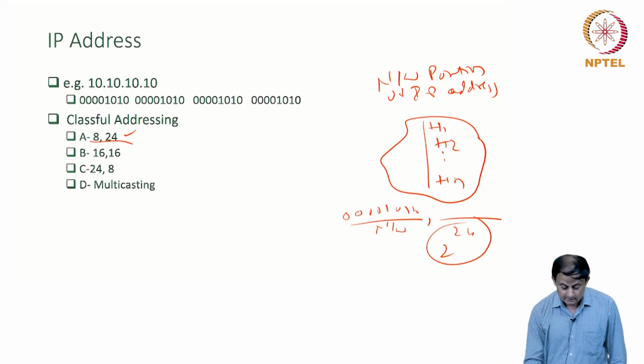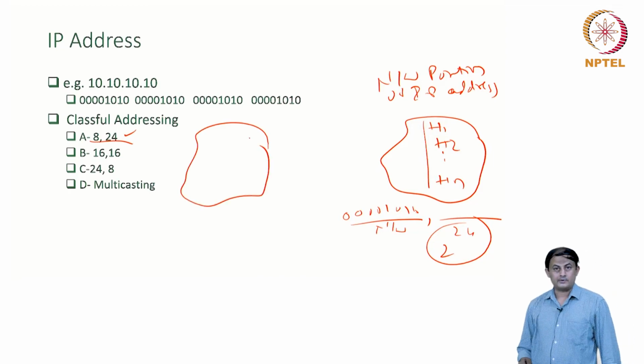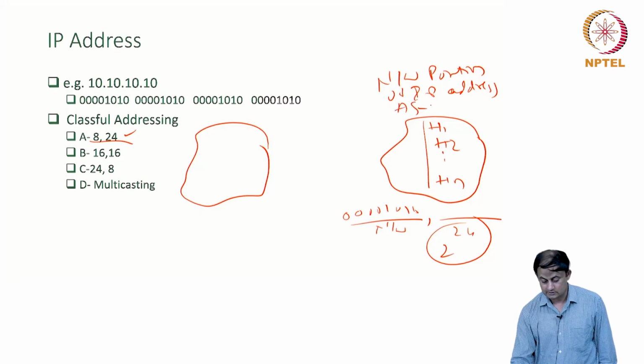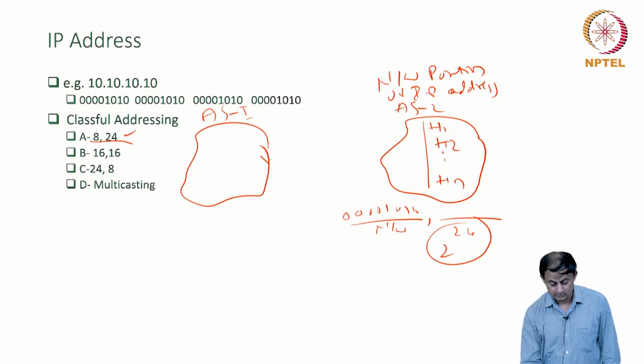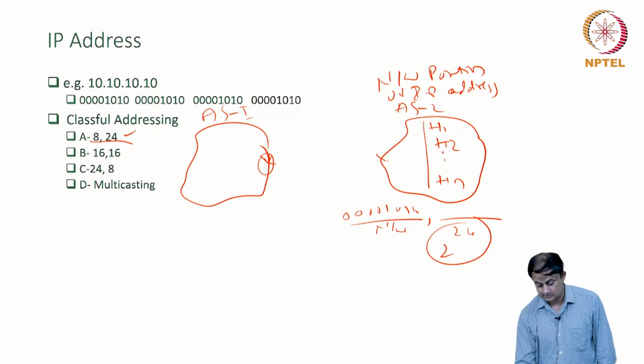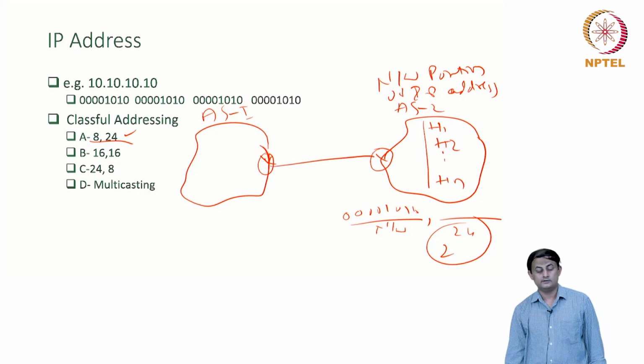What it means for the routing and lookup operation is, think of this as autonomous system number 2 and this as autonomous system number 1. There is a router at the border of autonomous system 1, and a router at the border of autonomous system 2, and these two are connected with a link.